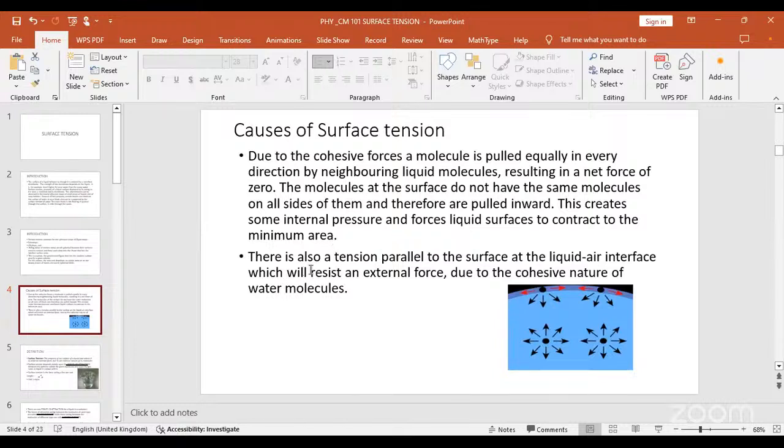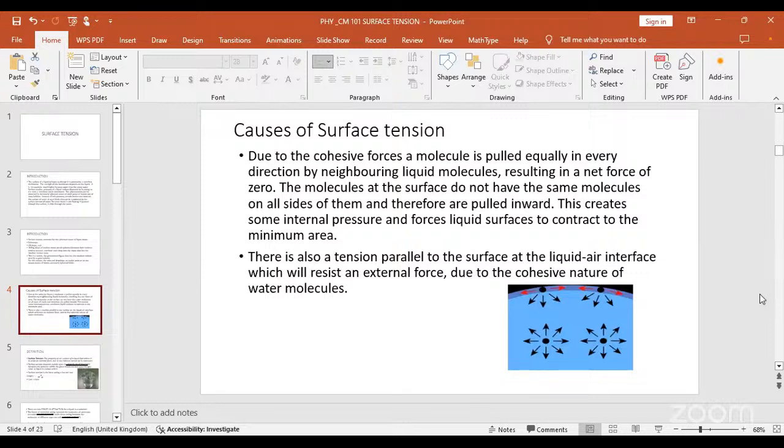There is also a tension parallel to the surface at the liquid-air interface, which will resist an external force due to the cohesive nature of water molecules.